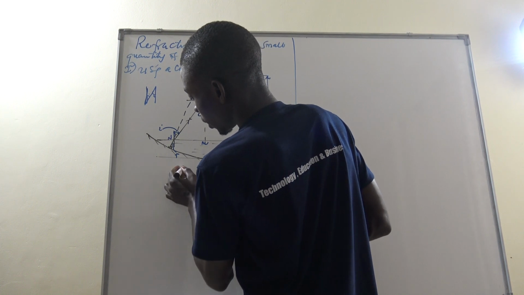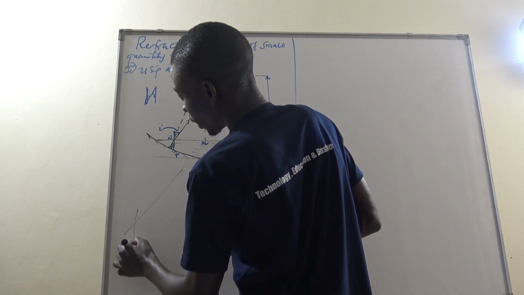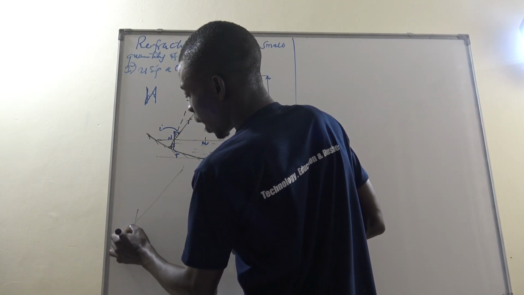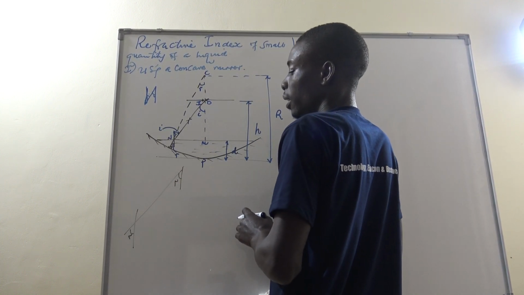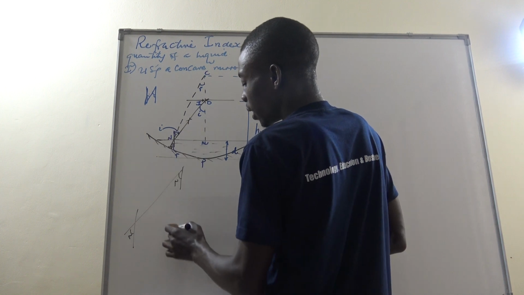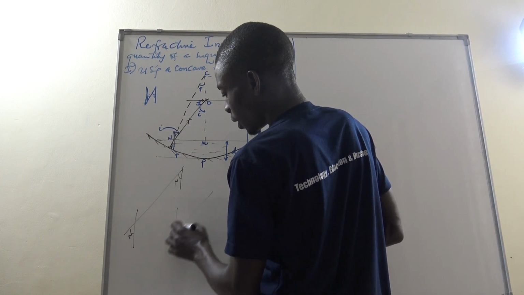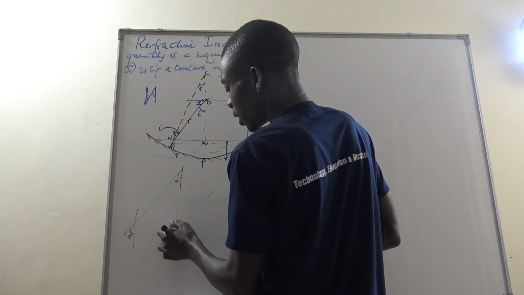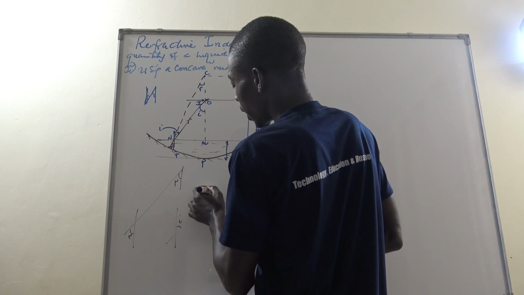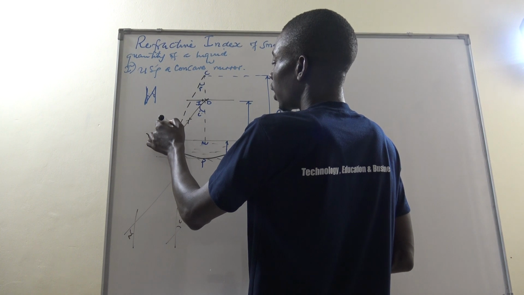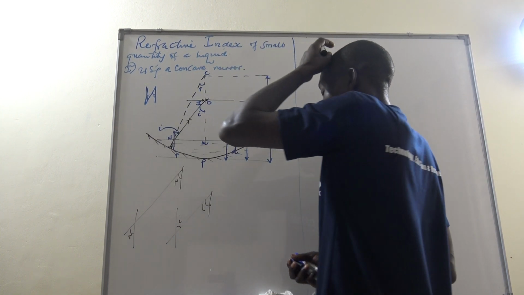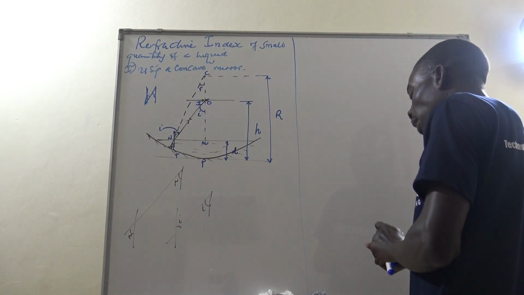This is R, therefore this can also be R. And for I, if this is I, even this is it, R. So that is that.